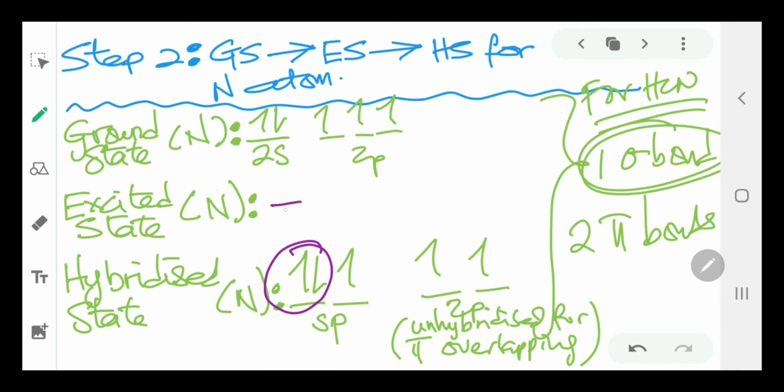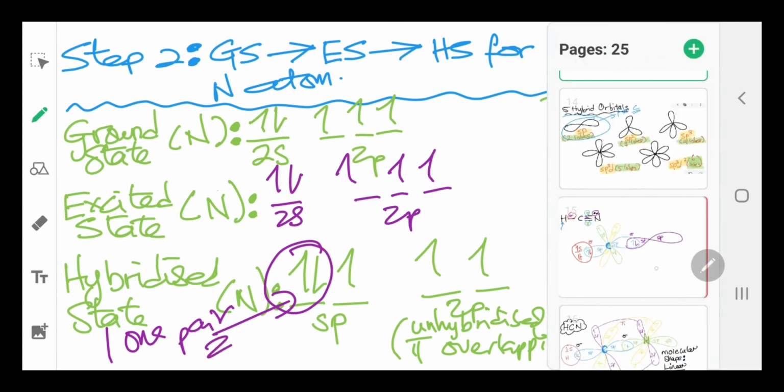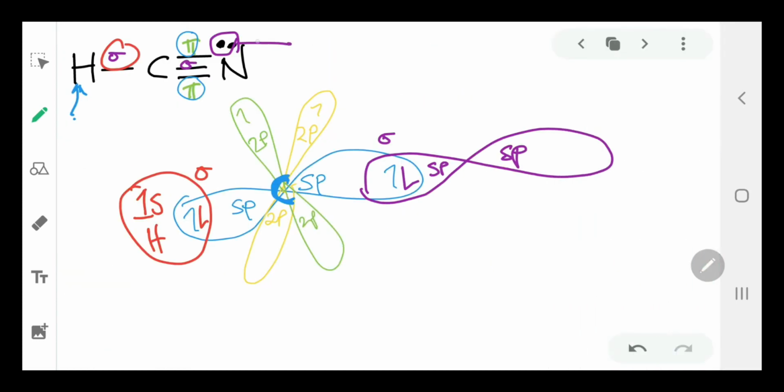And don't forget here to just rewrite the same thing, because you don't excite anything for nitrogen in this case. Okay, so remember that is your lone pair. This lone pair will be in that sp hybrid orbital.